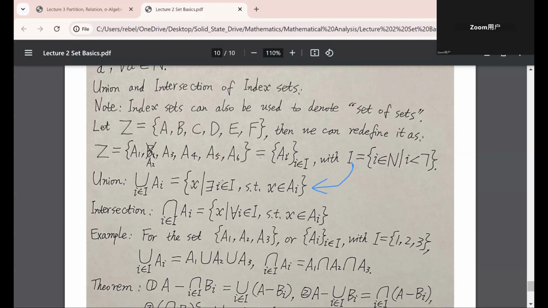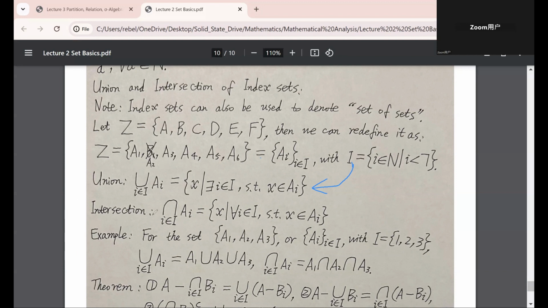There exists one i belonging to capital I, such that x belongs to Ai. I think this is very easy to understand, because if there exists, it means if there's only one i that satisfies. So union is like an or. If x is only in one of them, I still count it because it's an or relationship.